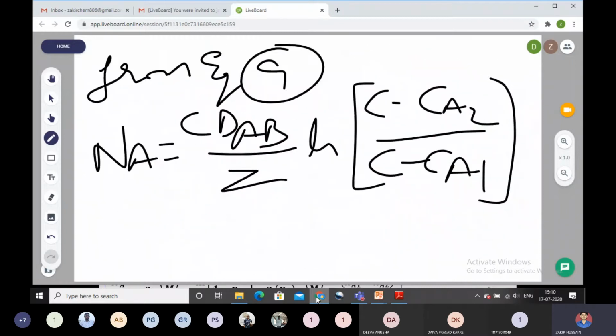Then from this equation, what we have to do here: if you can see, concentrations are there, C minus CA1.